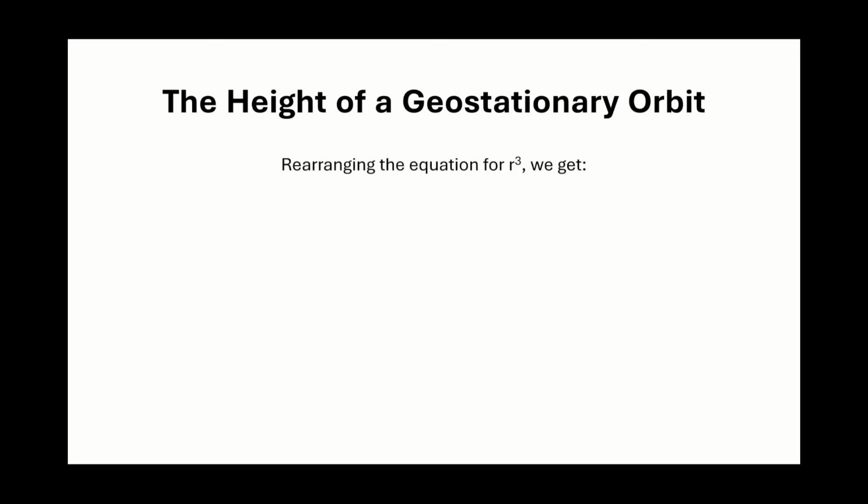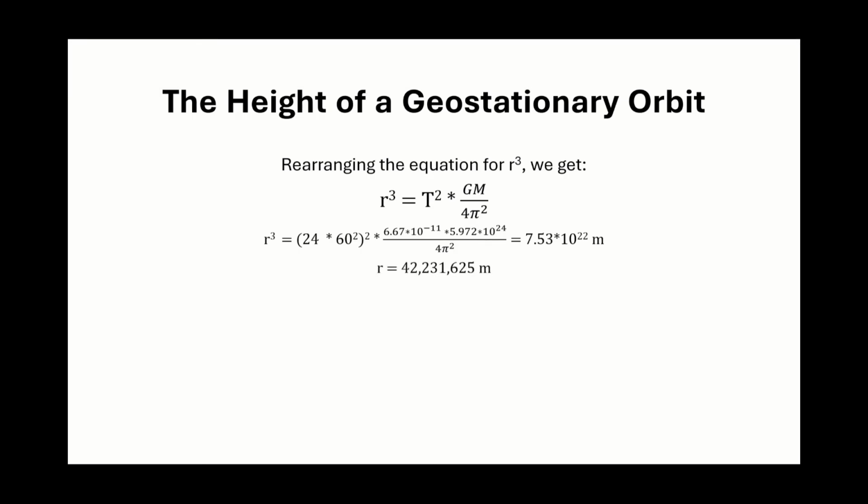Rearranging for r cubed, we get that r cubed equals t squared times GM over 4 pi squared. Now plugging in our values, we get that the radius cubed must be 7.53 times 10 to the 22 meters. So if we square root this, our radius is around 42 million meters.